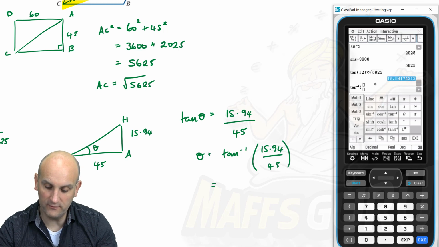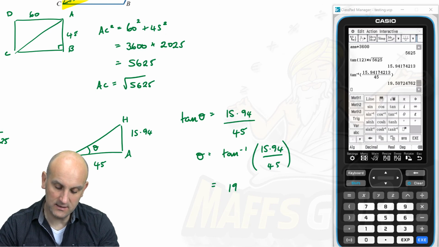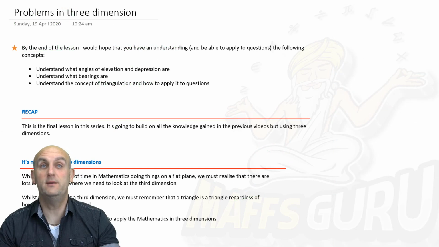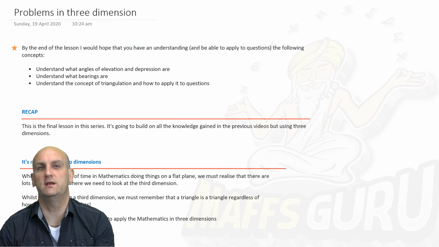I'm going to copy all of that value in so I don't get rounding errors, divide that by 45, close my bracket and hit enter, and I get the angle is 19.51 degrees.